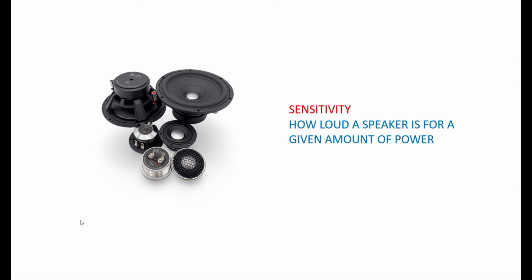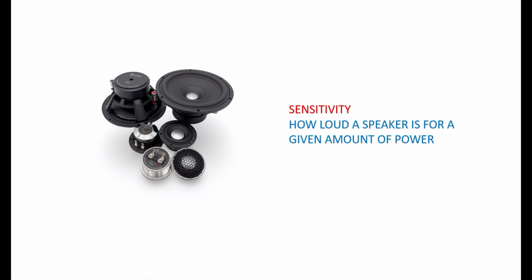Okay, the next topic is sensitivity, and the shorthand for sensitivity in the technical data sheets is usually SENS, or it might be written as SPL, because sensitivity is basically how loud a speaker will be for a given amount of power, right? Sometimes that's why they call it SPL, because sensitivity and loudness are kind of the same thing.